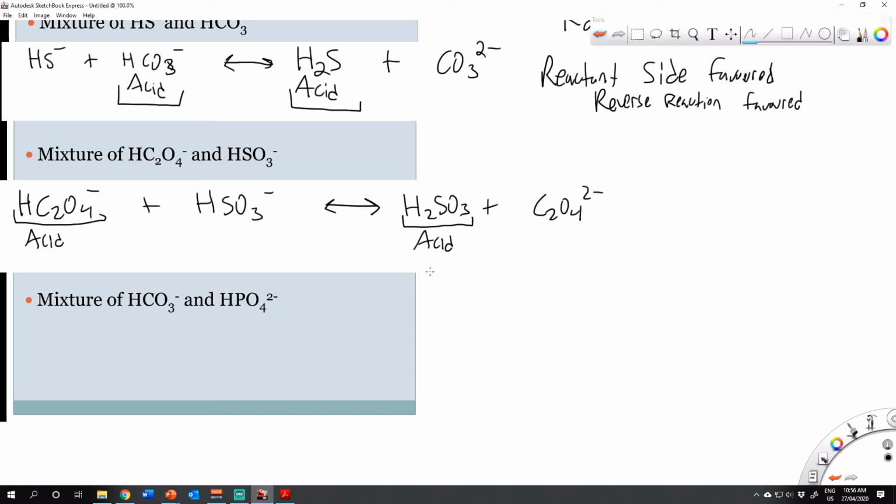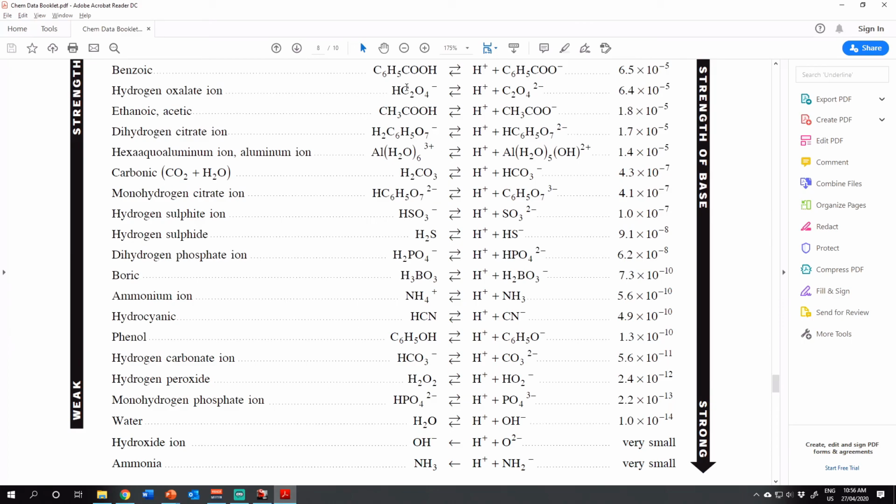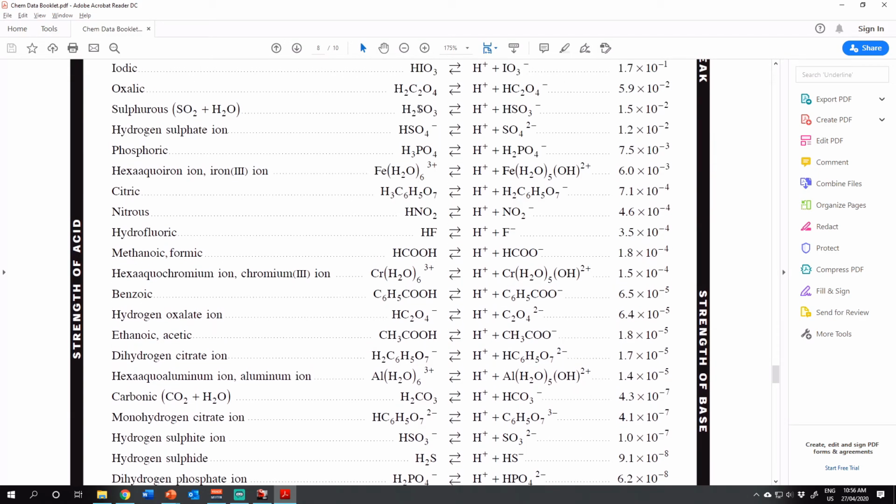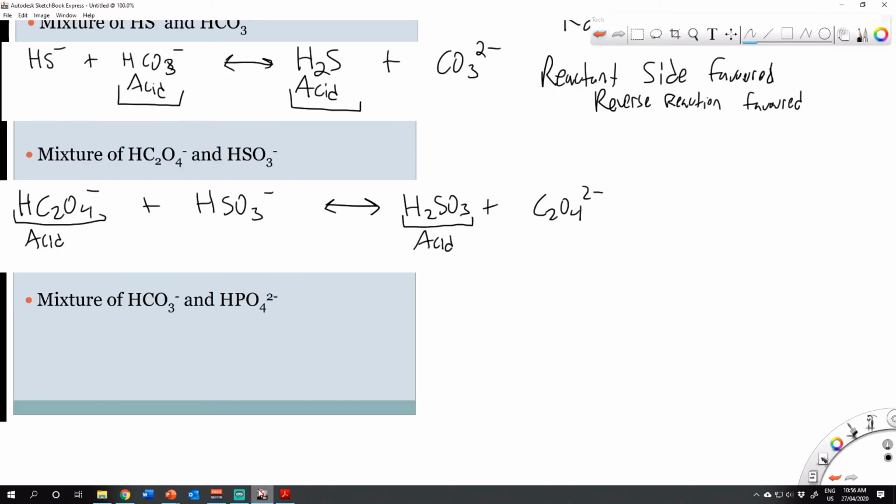Which one is stronger? Let's look. There's HC2O4-, and we are looking for H2SO3. H2SO3 is way up here. So H2SO3 is the stronger acid. So Ka of HC2O4- is smaller than the Ka of H2SO3.